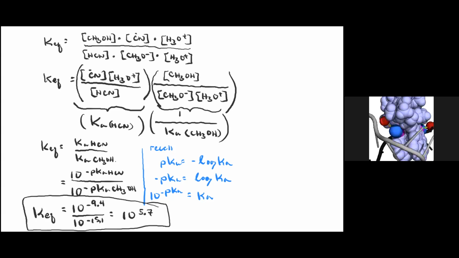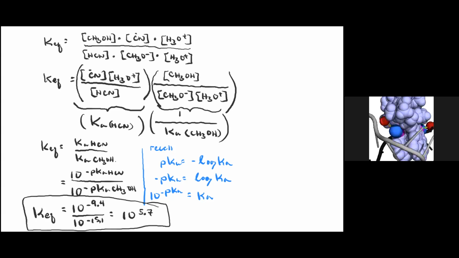So this tells us then from the pKa's, we can determine that when you mix these two species together, the equilibrium constant is about 10 to the 6. So it greatly prefers the right-hand side of the equation here.